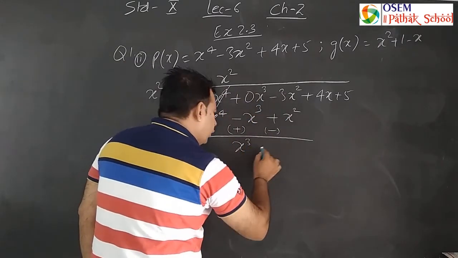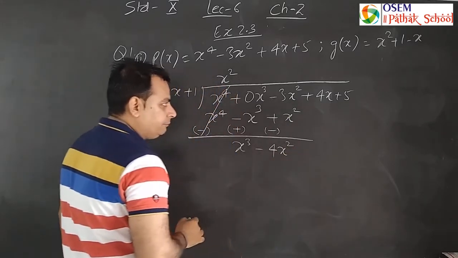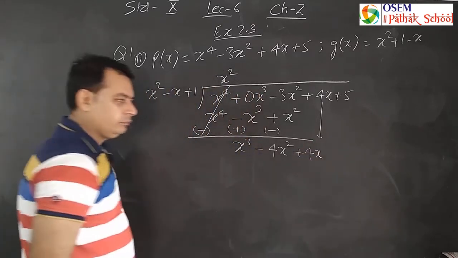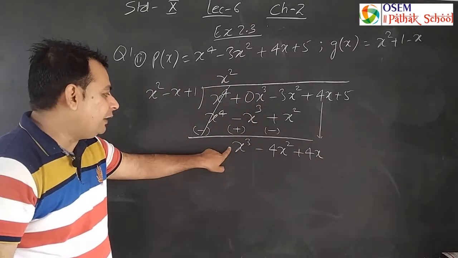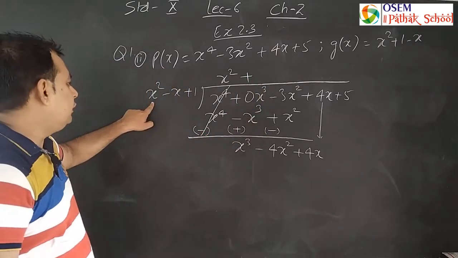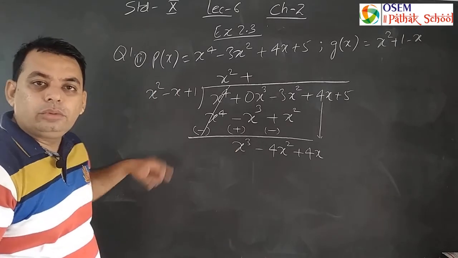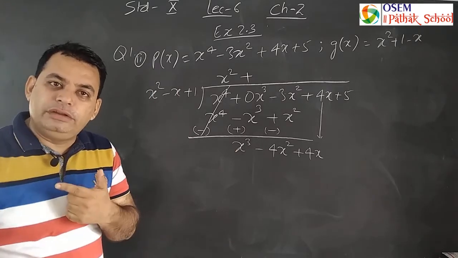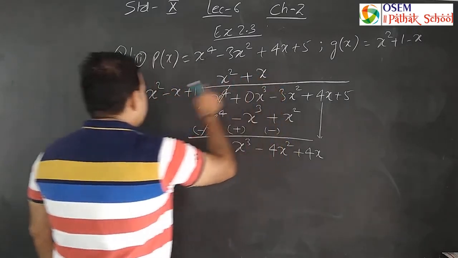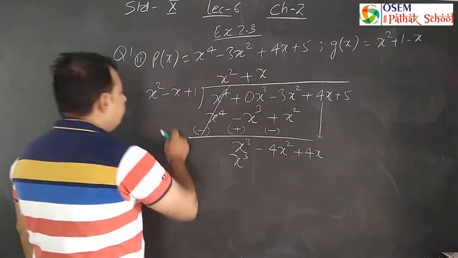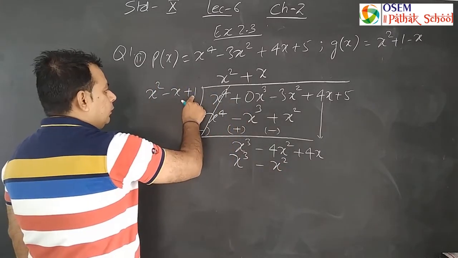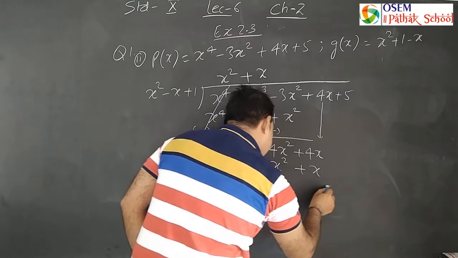Minus 3 and minus 1, it will be minus 4x square. We are carrying down this term plus 4x. Hope you are understanding. Now what is the sign over here? Plus. Now you are getting x cube and over here x square. So what do you have to multiply x square with so that we get x cube? x into x square is x cube, minus plus minus, x square, and 1 into x is x.